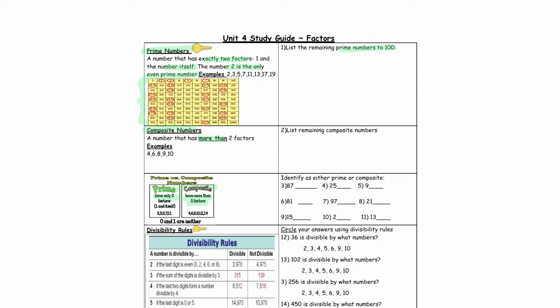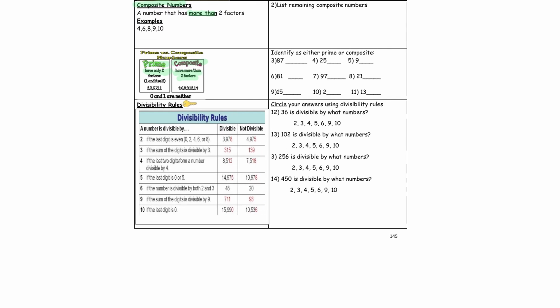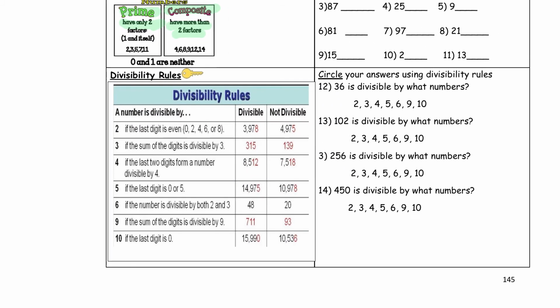Now, divisibility rules. This was a topic that we did previously. Very important in this unit, when you're looking at number theory and prime and composite numbers. So again, just to review some of the previous concepts, a number is divisible by 2 if the last digit is even.